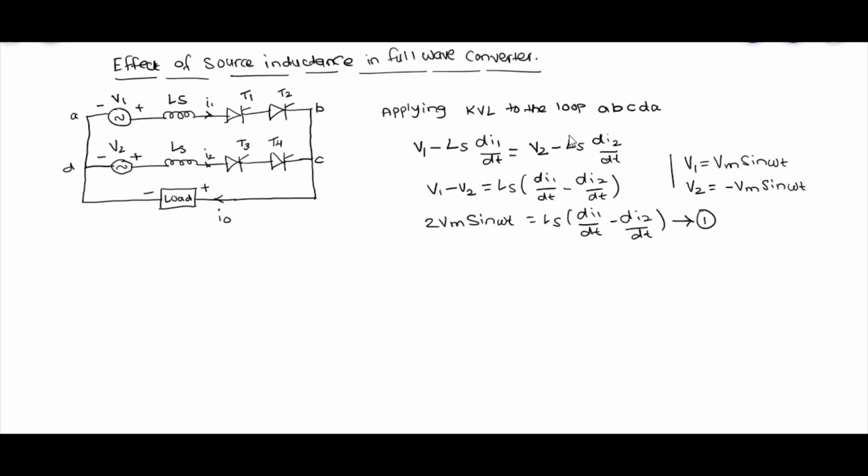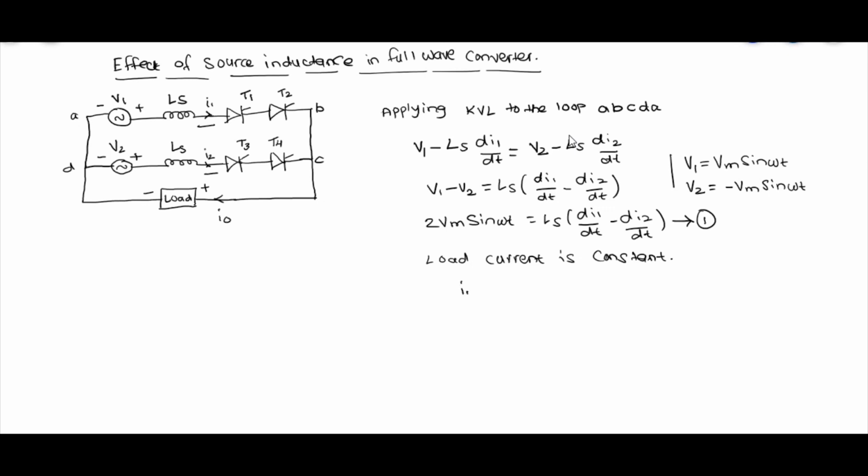The next step is, we have assumed the load current as constant. As I already told, this I1 flowing when T1 and T2 are conducting, and this I2, together make up the output current I0.